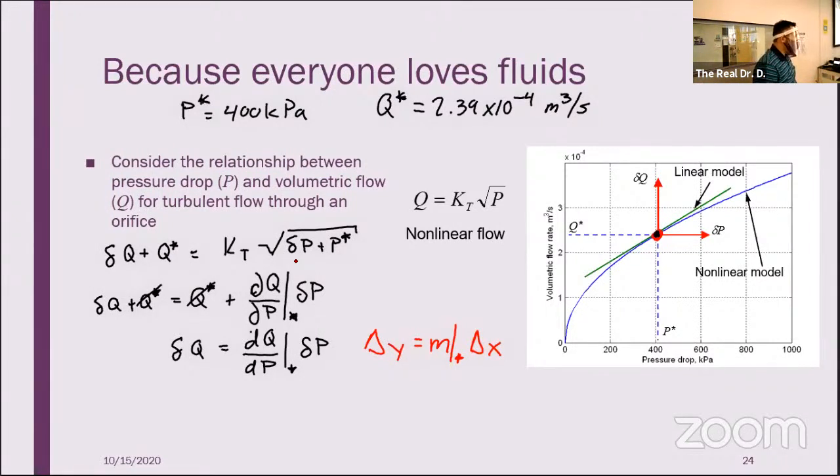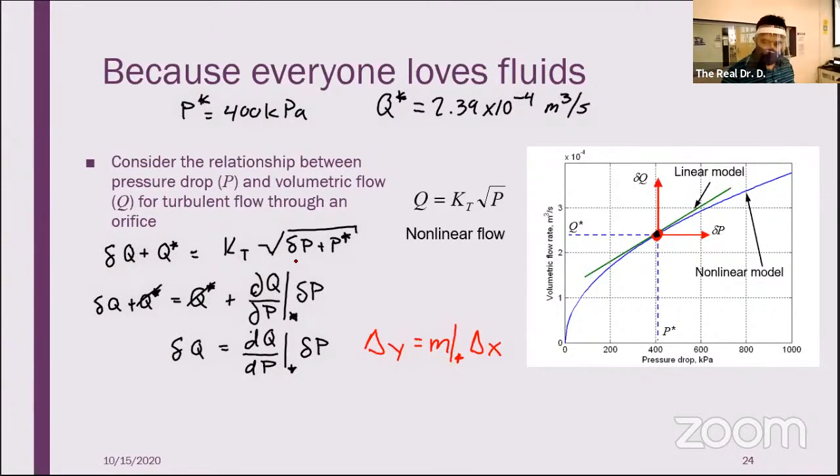And we are left with something that is just point slope form of a line. So we can analyze this green line by talking about what we need. We need the slope. We need to know how far away we are from our operating point in the y direction and how far away we are from our operating point in the x direction. That's what we need.